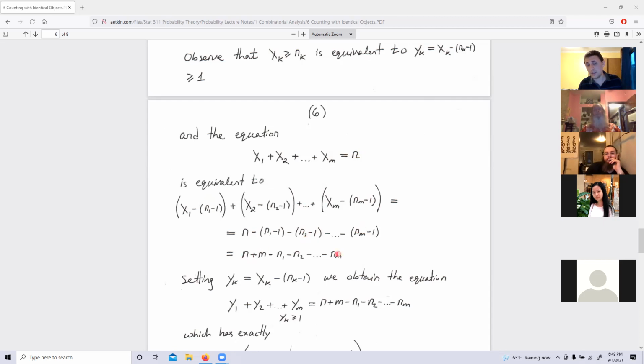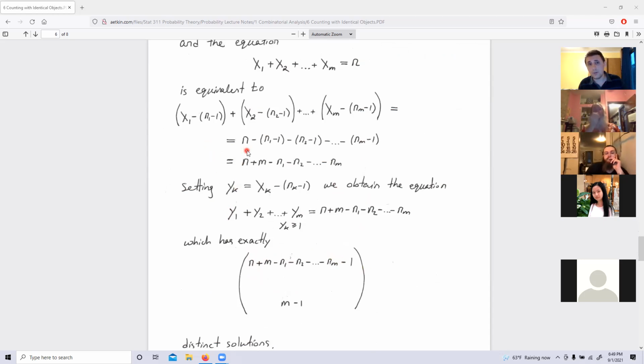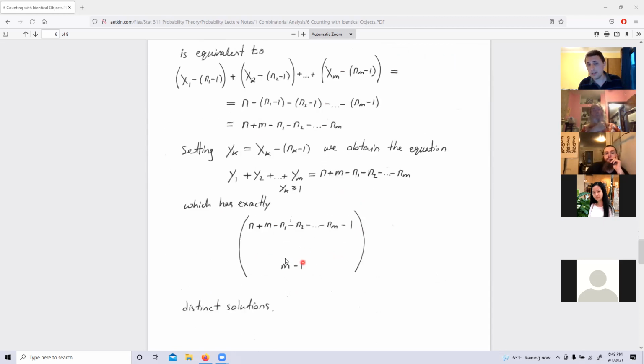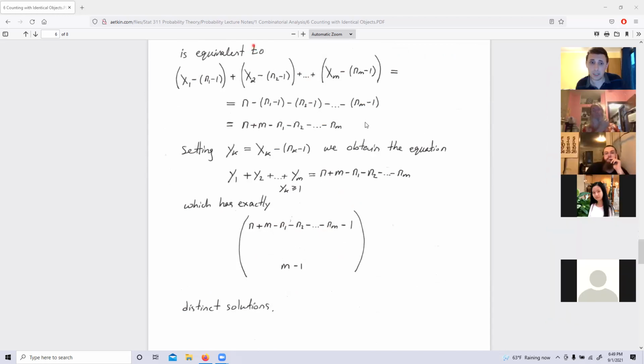And I have this, which means that the number of solutions for this new equation is as written here. It's just this number minus 1, choose how many people we have here, m minus 1. That's the general solution. You can think about it and realize that must be the case.